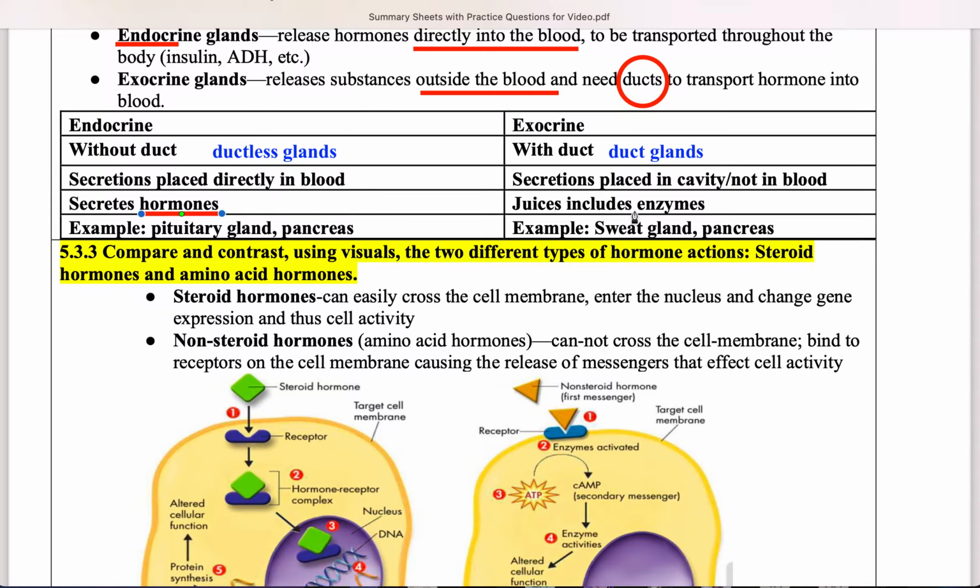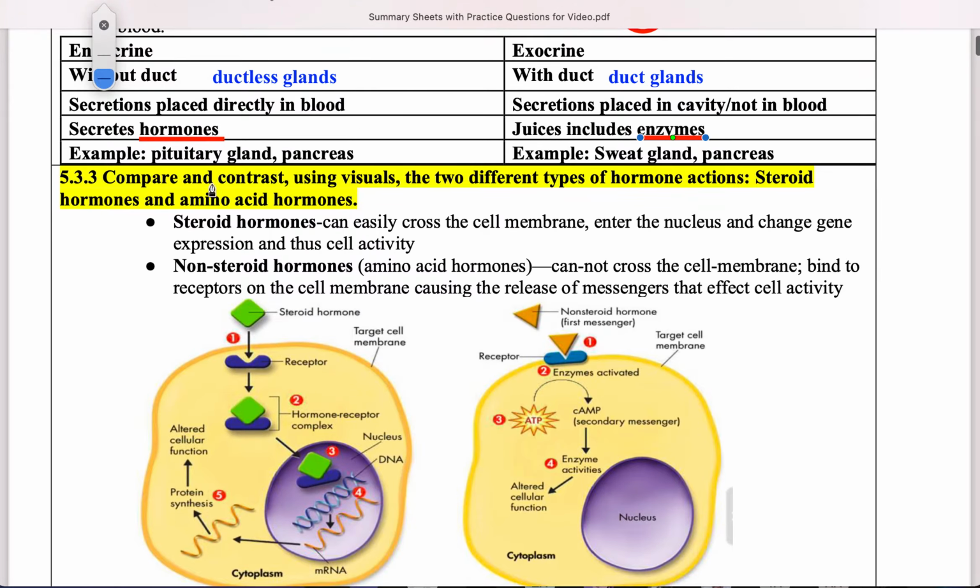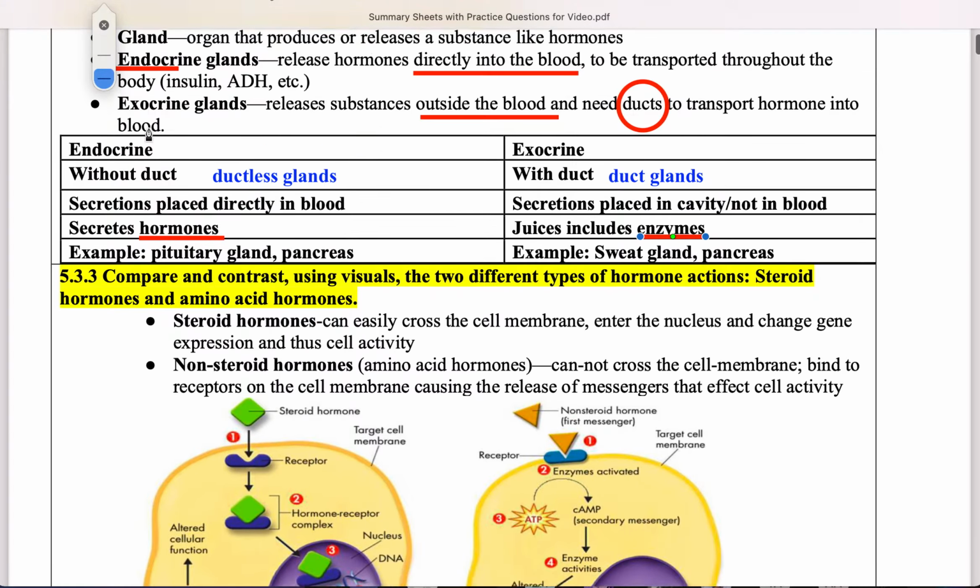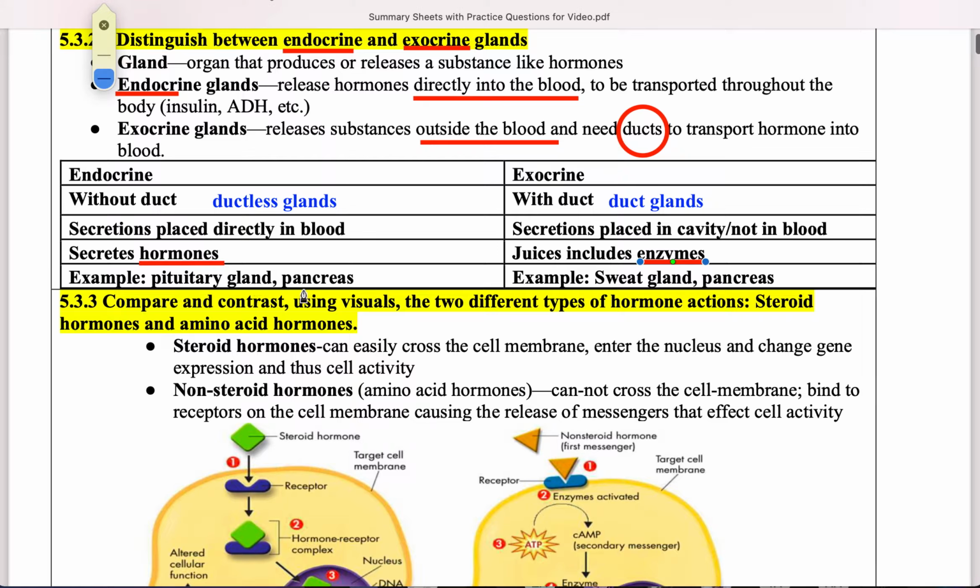The exocrine glands mainly release juices, which are called enzymes. Examples of endocrine glands are the pituitary gland and pancreas, and of exocrine glands the sweat glands and the pancreas. Don't forget to notice that the pancreas works both as an endocrine as well as an exocrine gland. So the pancreas has dual properties.